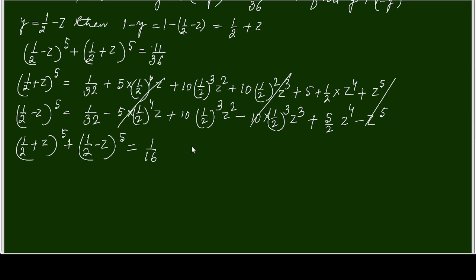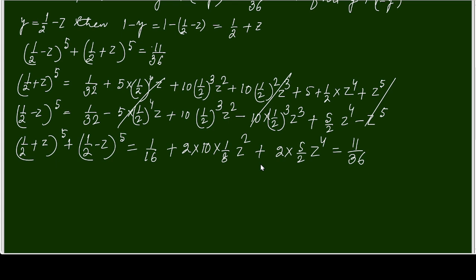The second term will be 2 into 10 into 1 by 2 to the power 3, that is 1 by 8 z square. Next will be 2 into 5 by 2 z to the power 4. This is equal to 11 by 36.